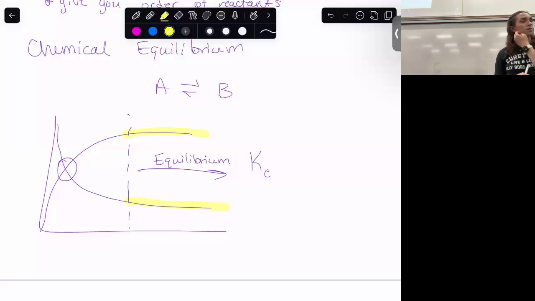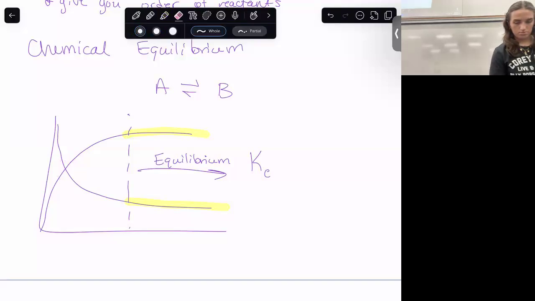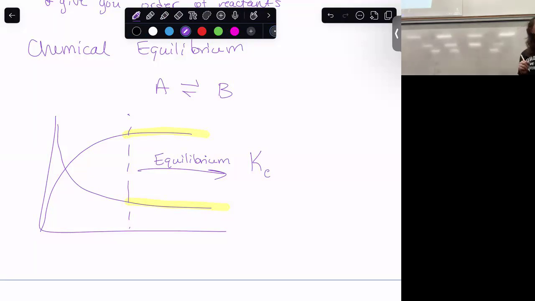So is the constant for both A and B the same? Like the K value, for two different substances, is the constant the same? So if we said this would be B, and this would be A, we'll say this is 5, and this is 1.